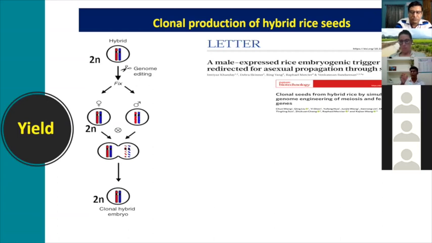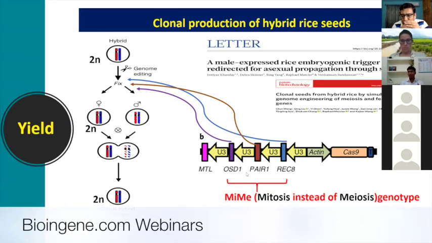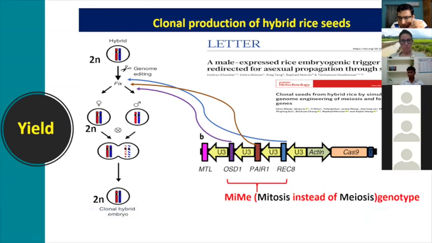So they develop haploid gametes, N and N. But what they have done is mutate 3 genes and induce a phenotype called mitosis instead of meiosis, known as MIME. With this MIME phenotype, the hybrid would not go through meiosis to develop gametes, rather it would go through mitosis. So the gametes would be diploid, not the normal haploid ones.